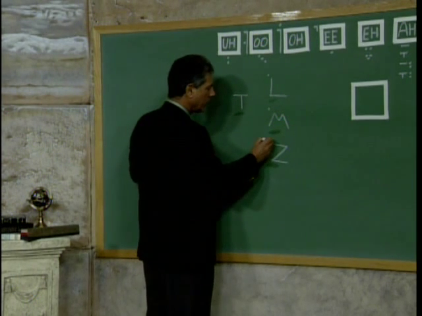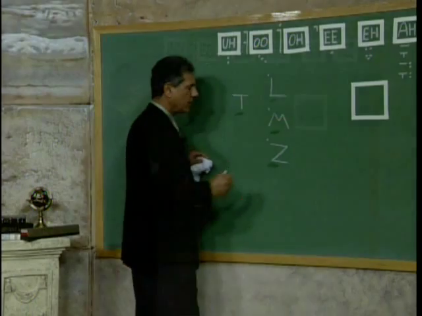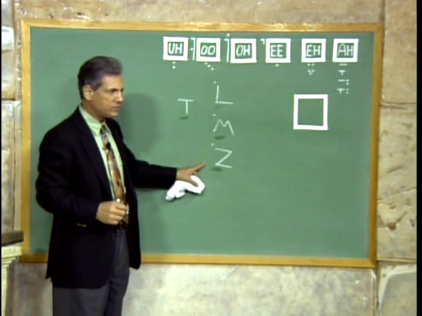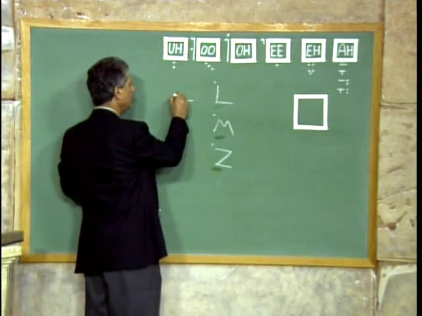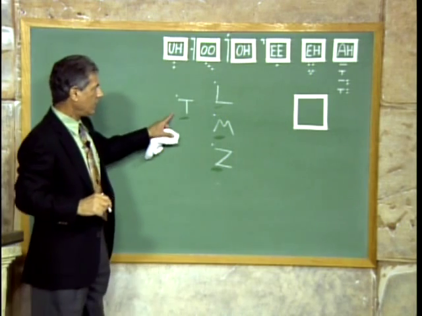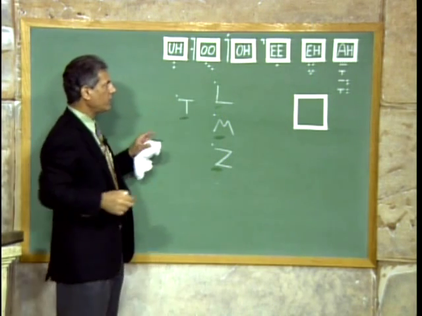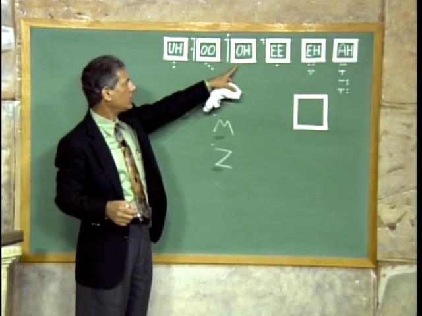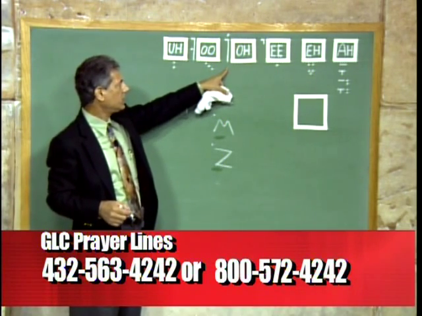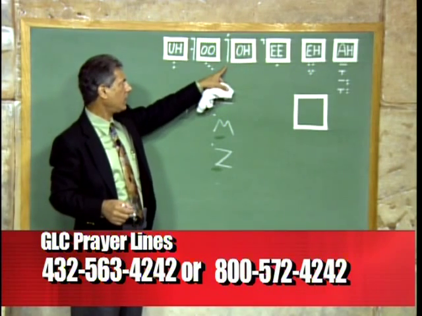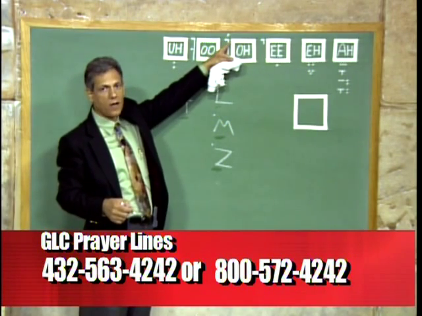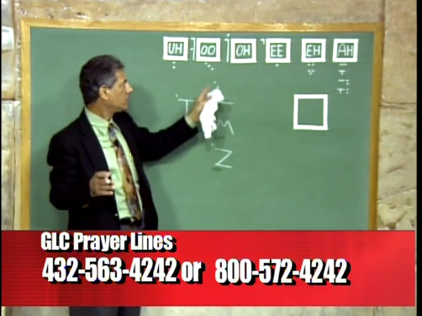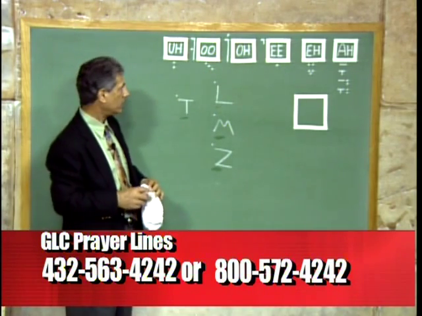And if I put one on top of the Z, I get a Zo sound, and the same with the T, To. And if I put the Vav next to it, it will do the same thing. So sometimes you'll get a letter and a Vav, sometimes you get a letter and a Vav and a dot on top. That will make an O sound.